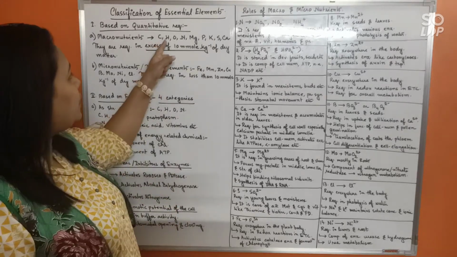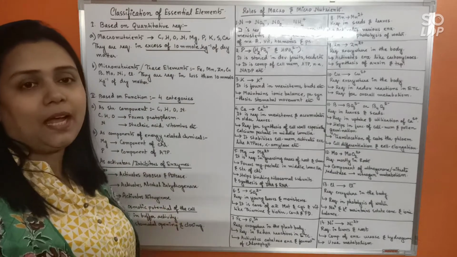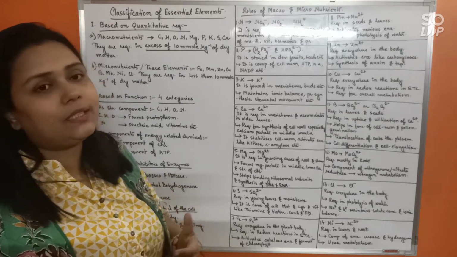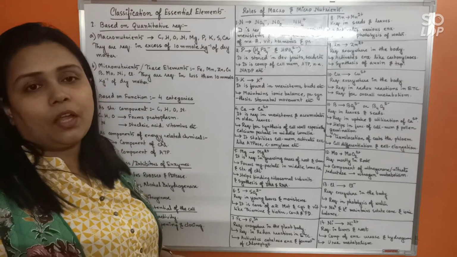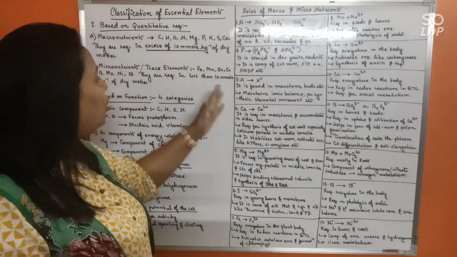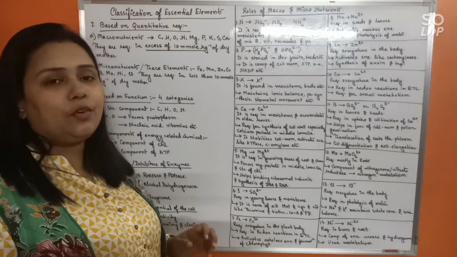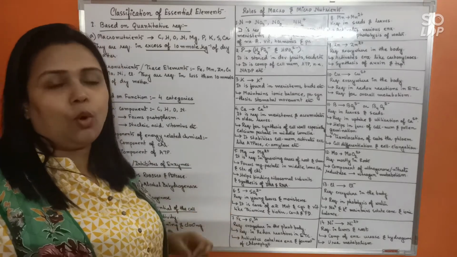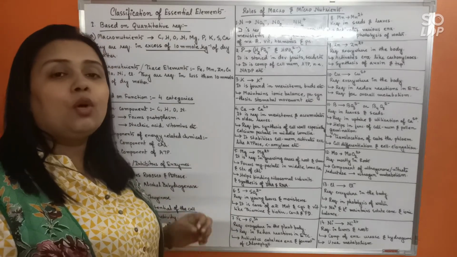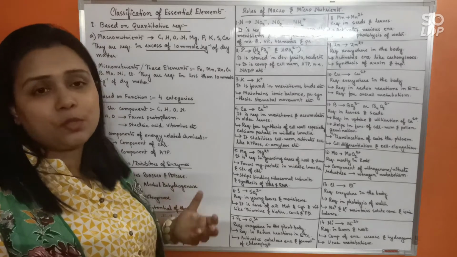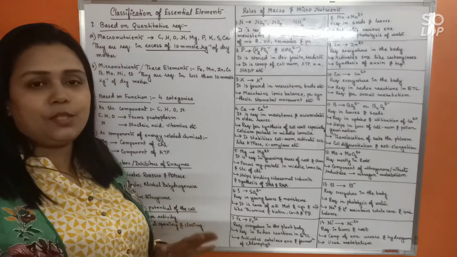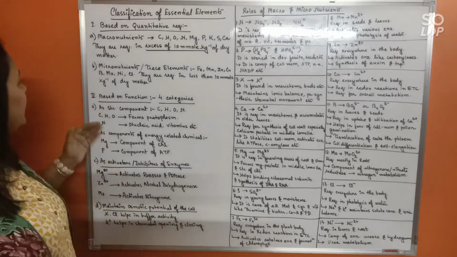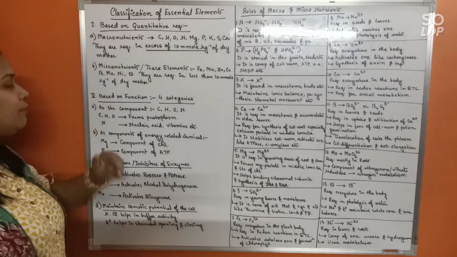Because these three elements are obtained from sources other than soil, we call them non-mineral elements. Whereas all the rest of the elements, irrespective of being macro or micro, which are obtained from soil, are known as mineral elements. Understood this much?